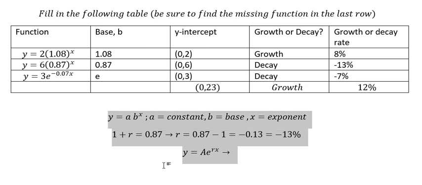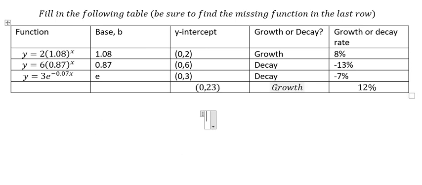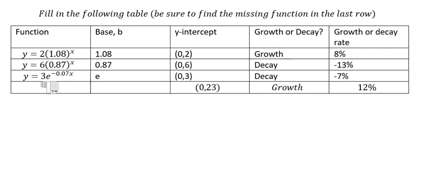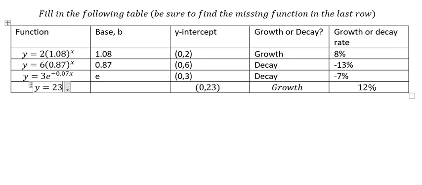Now let's go to the next one. We have the growth rate and we have the y-intercept. So 23 in here is the constant, so we have y equals 23. And the next one, we have 12%.